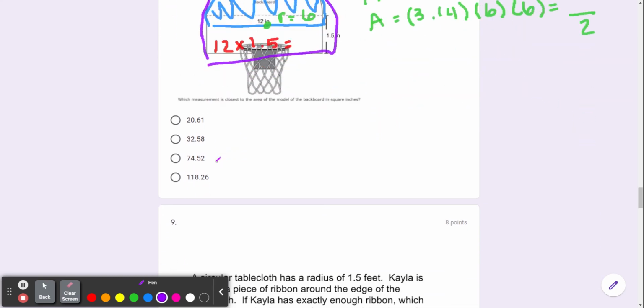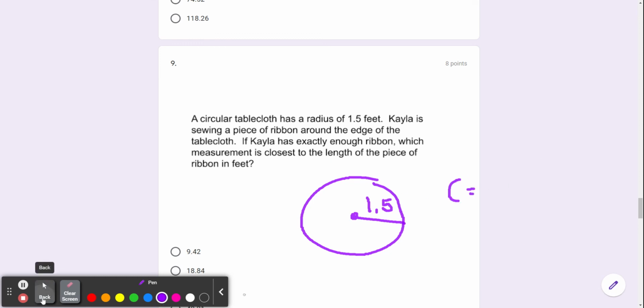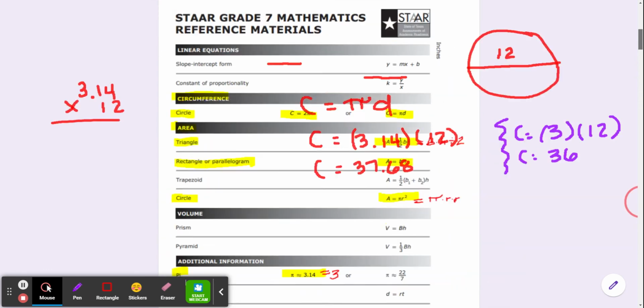All right, next. Number 9 says a circular table has a tablecloth with a radius of 1.5 feet. Let me draw that tablecloth. It has a radius of 1.5 feet. And what do they want to know? Kayla is sewing a ribbon around the edge. So that is circumference. Let me go back up.